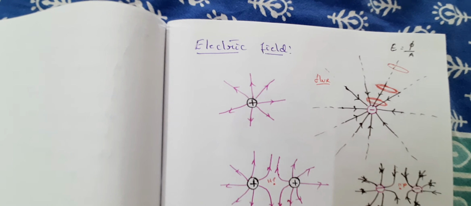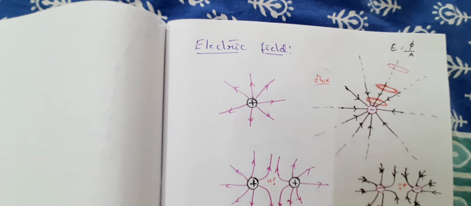Now how to understand this field? It is something invisible, and thus to understand the field, we take the help of field lines or electric lines of force. Both ways we can call them, either electric field lines or electric lines of force.